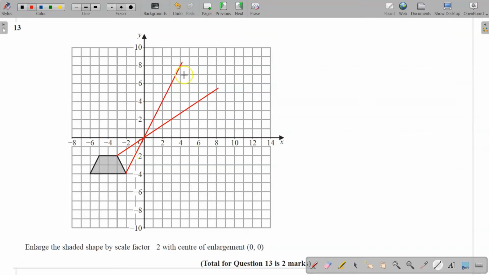Okay, that's as far as I need to go, because I know that this face here is going to be replaced with this one here. I'll do it in a different color. So this is going to be joining. So I've got there and there. So that point would need to go through to there. Okay.